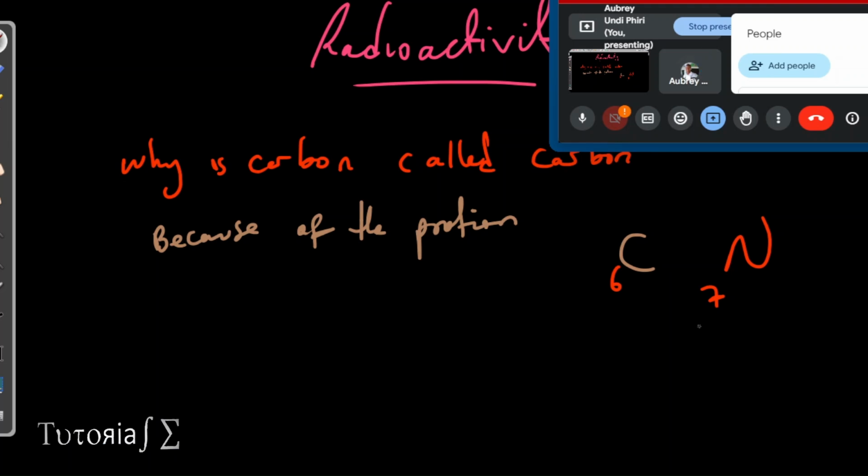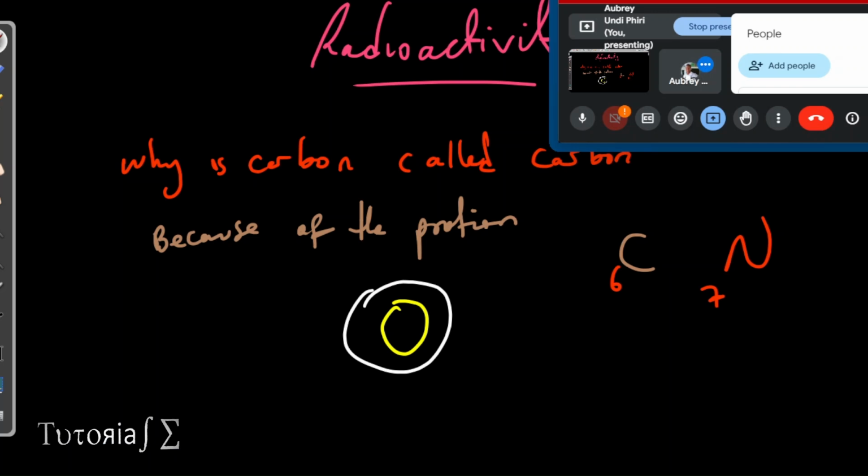So what we'll be doing today is mostly calculations, but I want to build the ground so that you understand. Now we know that any element will have a nucleus.